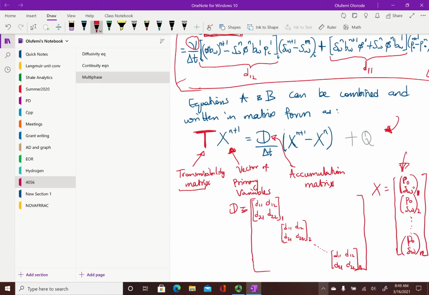So in grid block 1, we need to find pressure in the oil phase and water saturation. In grid block 2, we need to find pressure in the oil phase and water saturation. And you continue to the last grid block N, you need pressure in the oil phase and water saturation. So this is what your solution vector looks like.